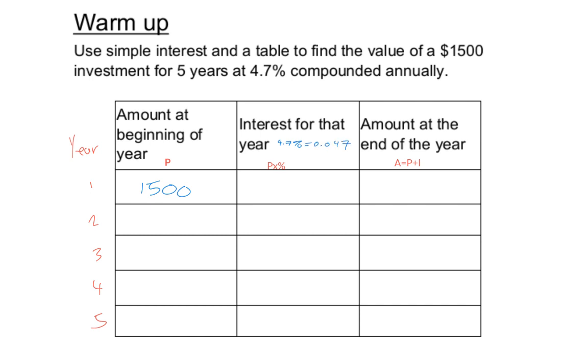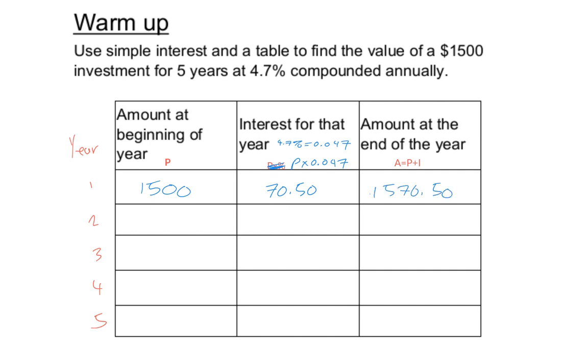So we're literally going to take P and multiply by 0.047. And when we do that for 1,500, we end up with $70.50.